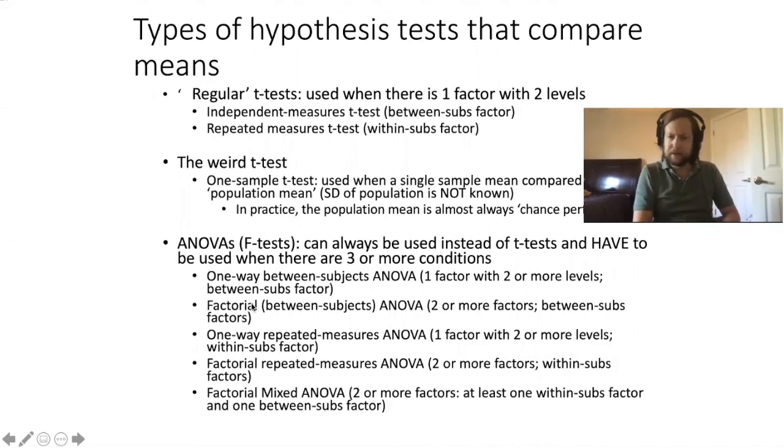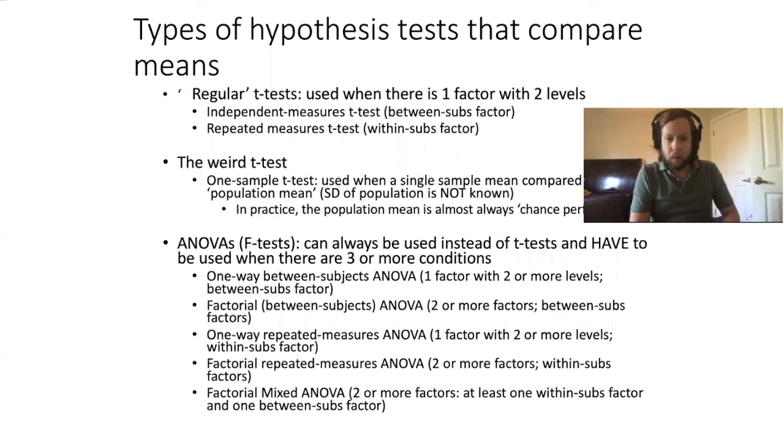Factorial, what does factorial mean? Anyone remember? We did talk about this stuff last time, factorial. 2 or more factors. Exactly. Thank you. Factorial means you have a study where there's at least 2 factors, 2 or more factors.